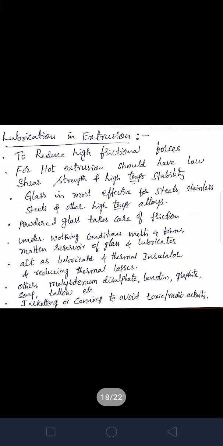Since extrusion involves high frictional forces at the billet container interface and the die, it is essential to provide a good lubrication system. The lubricant for hot extrusion should have properties like low shear strength and high temperature stability.